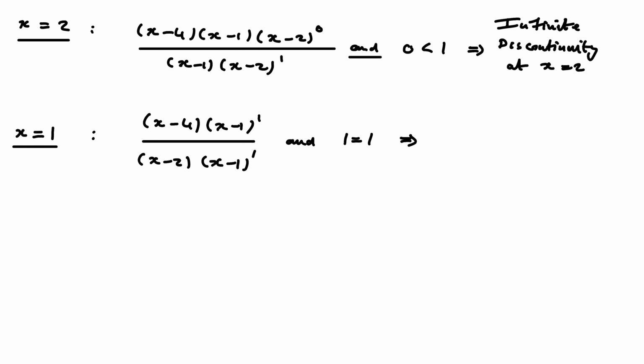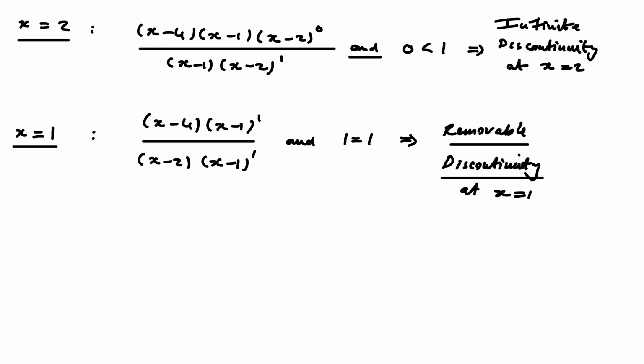This is a removable discontinuity at x is equal to 1. So it would be a hole in the graph. The real reason for that is because if I'm away from 1, I can cancel this off and cancel this off, and then there are absolutely no problems at all. What's left doesn't have any issues. Whereas in the top one, I cannot cancel off the x minus 2 to get rid of it. It's not removable. It's always going to be a problem.